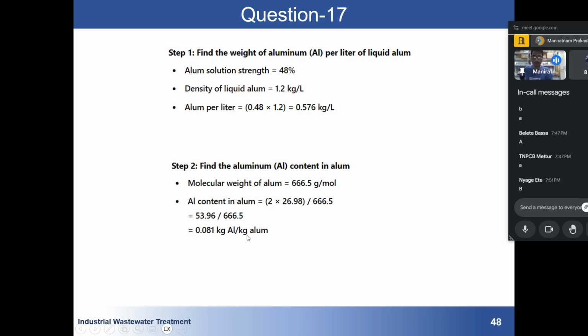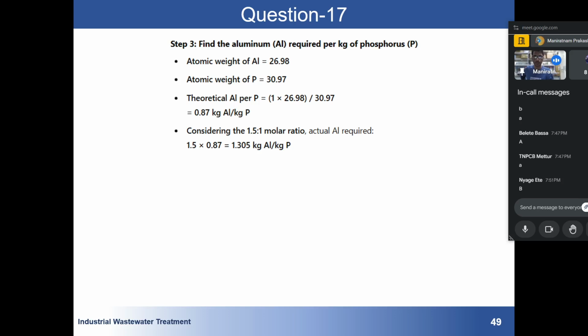So for per kg of alum, 0.081 kg of aluminum is coming. I hope this is clear to you. So we have to find the aluminum required per kg of phosphorus.